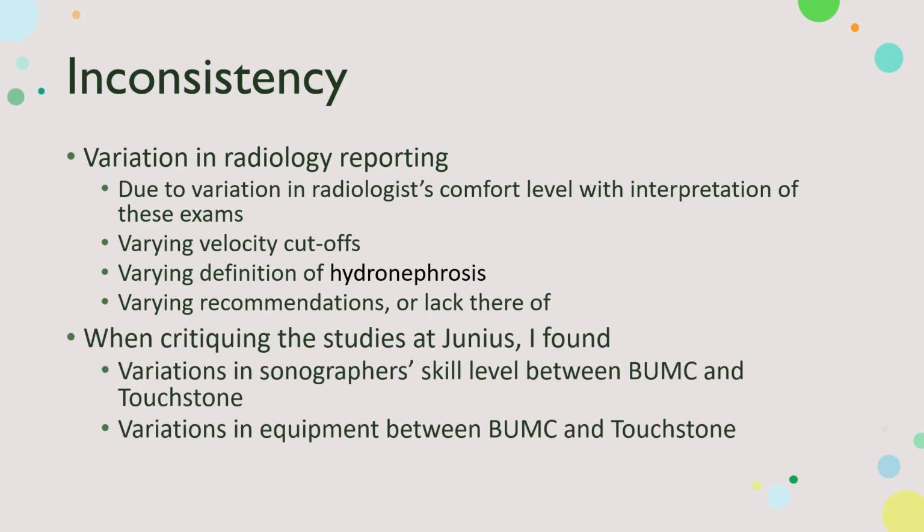When I looked at the studies that were being done, predominantly at Junius, I found variations in the sonographer skill level, right, between the hospital and the outpatient centers, obviously. And then, of course, there's huge variations in the equipment between our hospital machines and our outpatient centers.